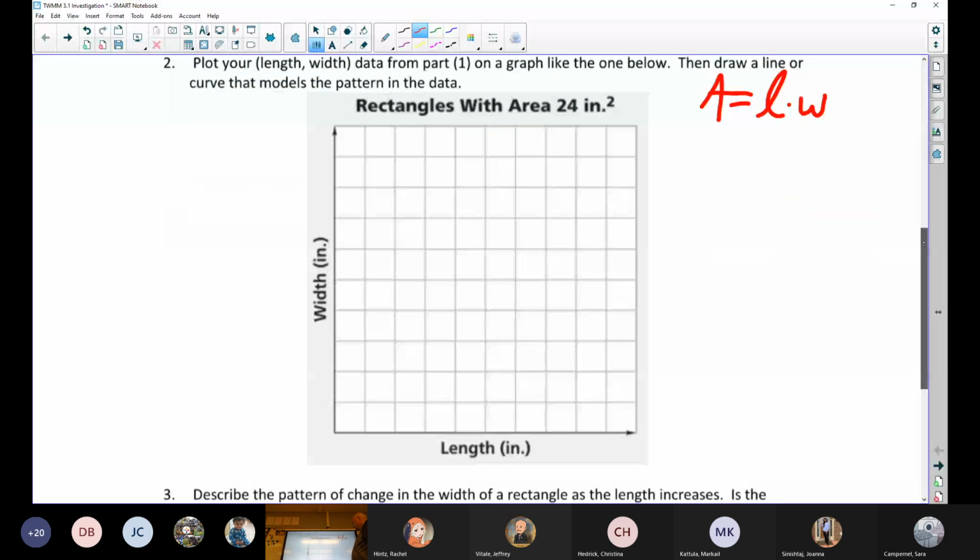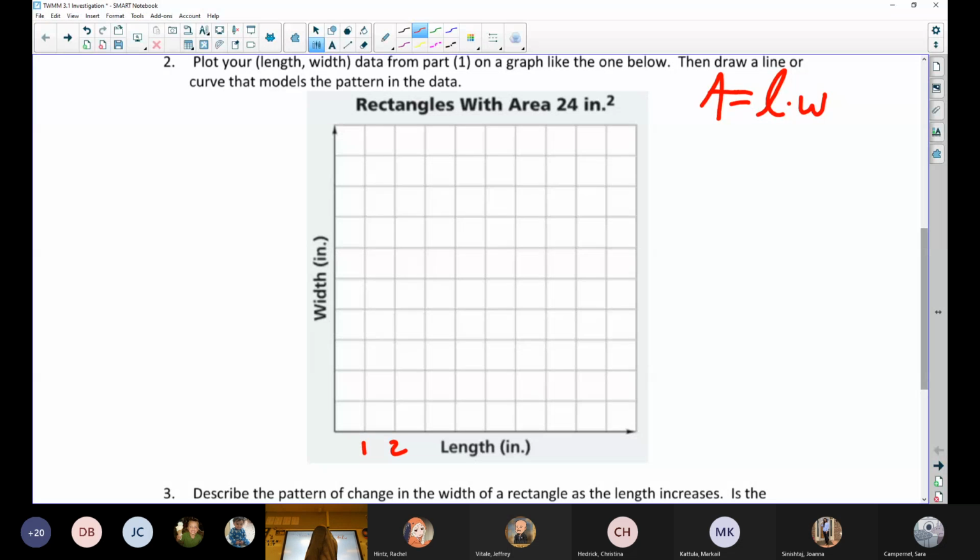If our length is on the bottom, 1, 2, and notice how the graph is labeled. Every time we do a graph, your x and y axes should be labeled. If I go up by 3s, we should be able to get all the data in there. At 1, we were at 24. At 2, we were at 12.